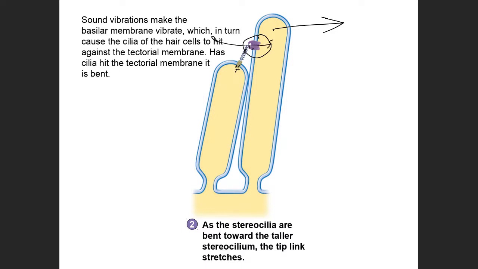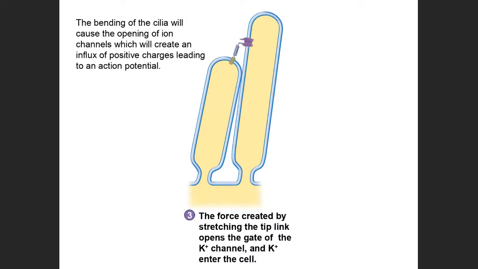And positive charges are going to go in. And that's what's going to depolarize the hair cell. So they're called mechanoreceptors, because it's a physical opening of these channels by the movement of the cilia.